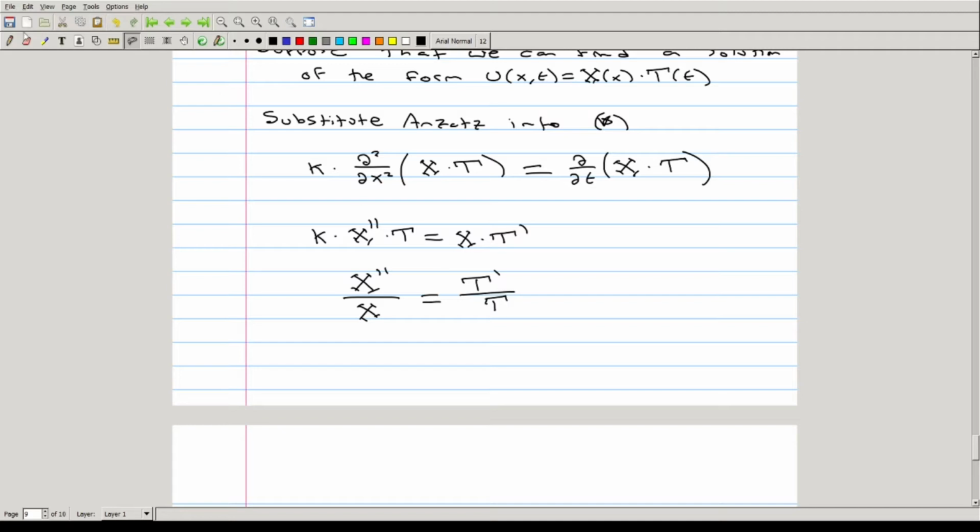And we want to pause for a moment and take a look at what we have here. The left-hand side of this equation is a single variable function of x. And the right-hand side of this equation is a single variable function of t.